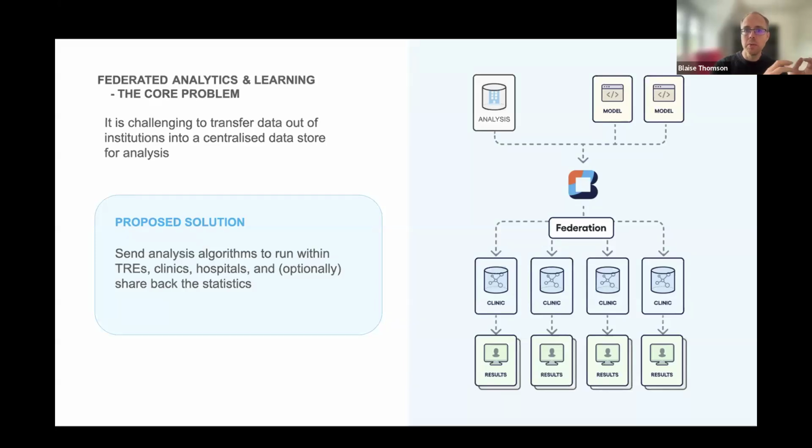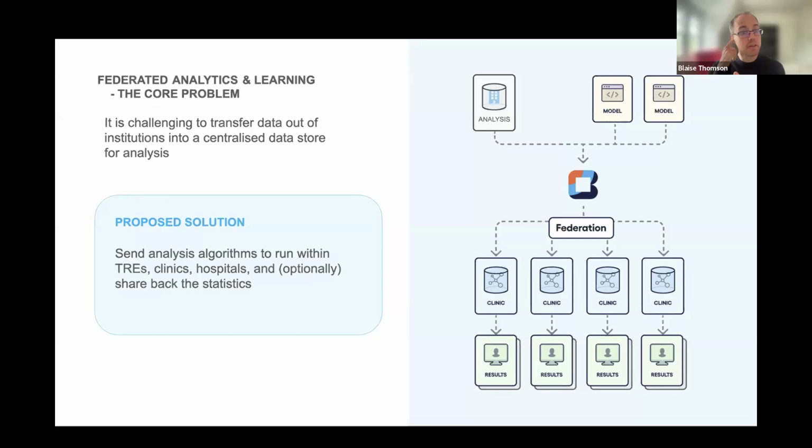Traditionally, you'd want to transfer all the data into a data lake or a data warehouse, and then it makes analysis very easy. But that doesn't really work when you've got sensitive data. So the federation approach takes the analysis that you want to do and sends it to run locally in each institution that has data.